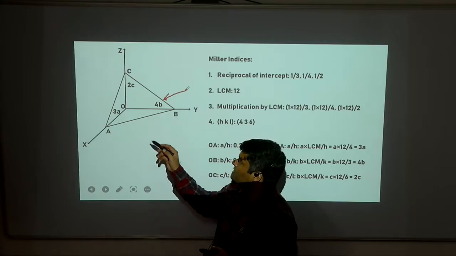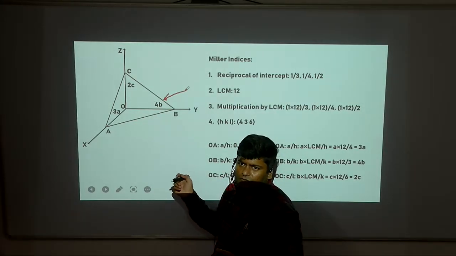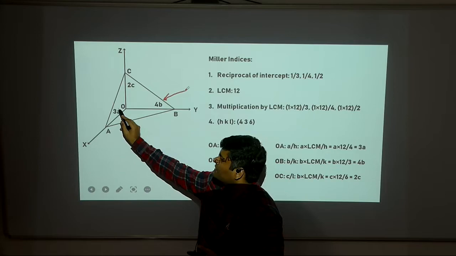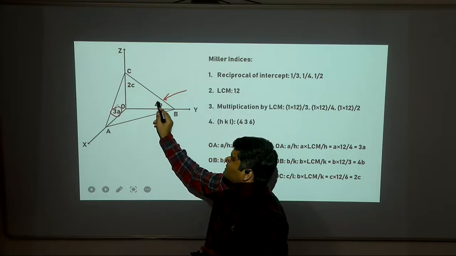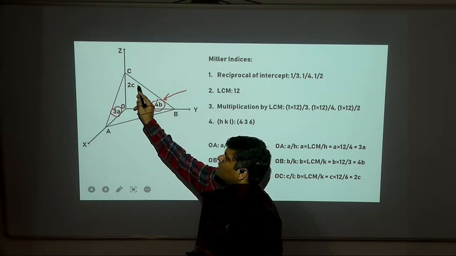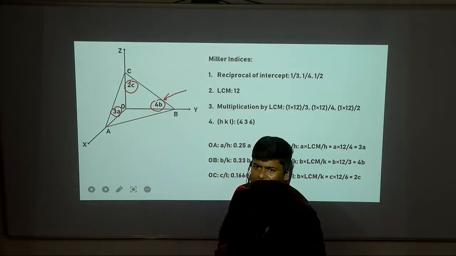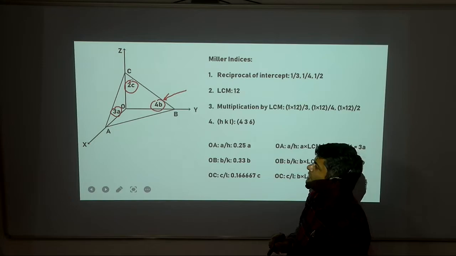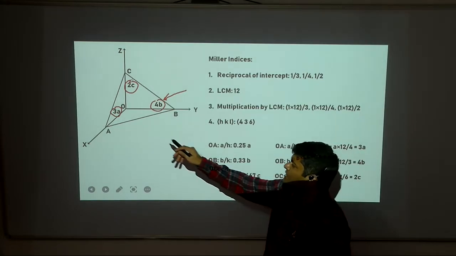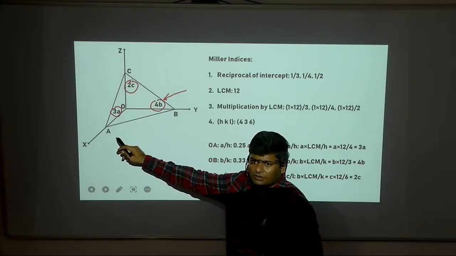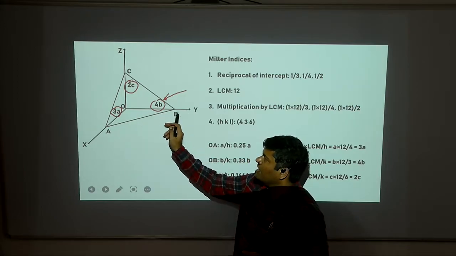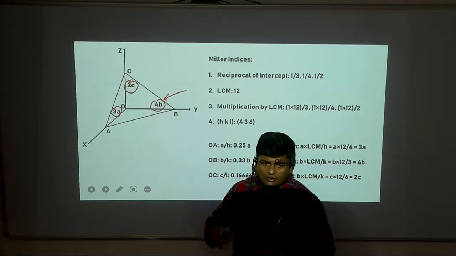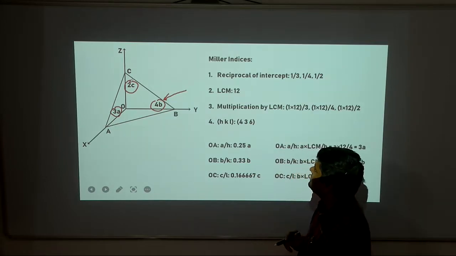Let us consider this plane intersecting the x-axis at a distance 3a, the y-axis at 4b, and the z-axis at 2c. So 3a is the intercept along the x-axis, 4b along the y-axis, and 2c along the z-axis.